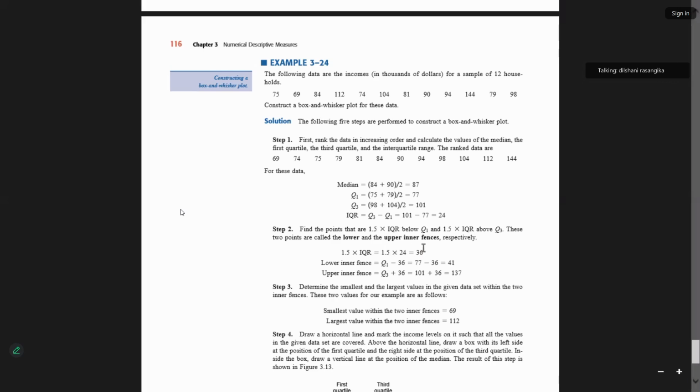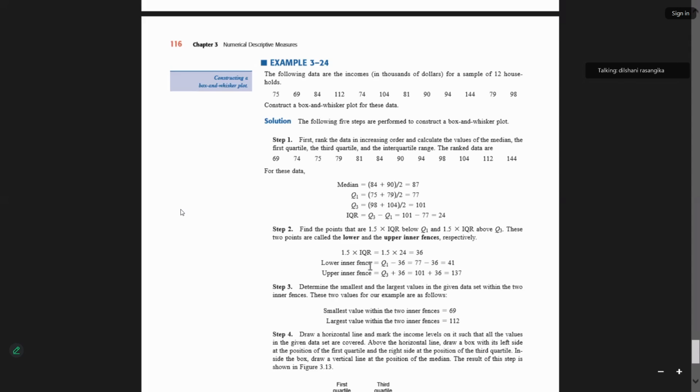Then you will get some value, right? After finding 1.5 times IQR, you can find the lower inner fence and the upper inner fence. These are two terms we are using in the box and whisker plot. Lower inner fence, upper inner fence, right?